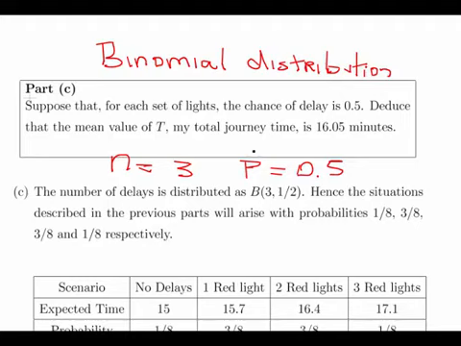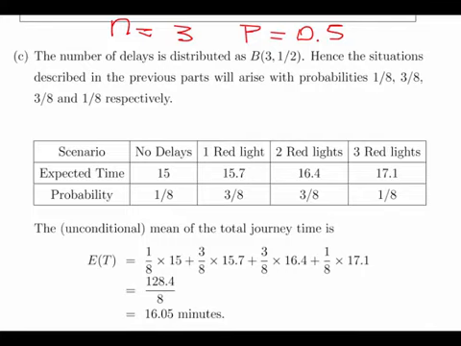The number of delays is distributed binomially with n equals 3 and the probability p equals 1/2. You should be able to know these off by heart if you're familiar with the binomial distribution.